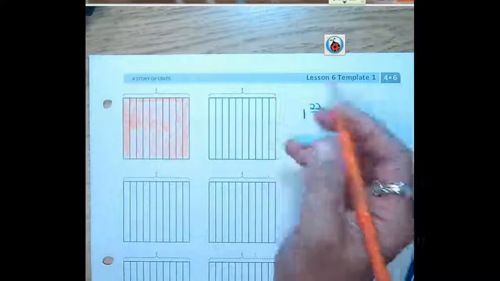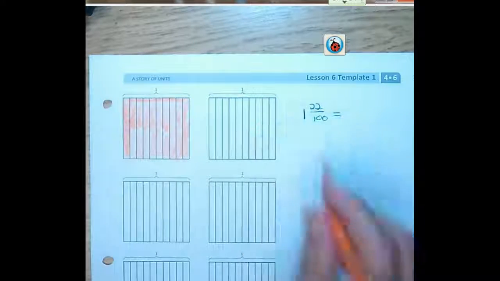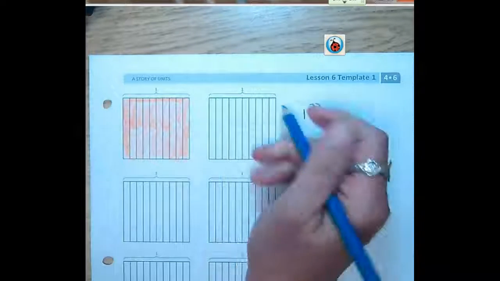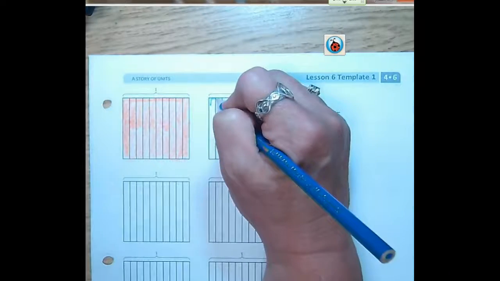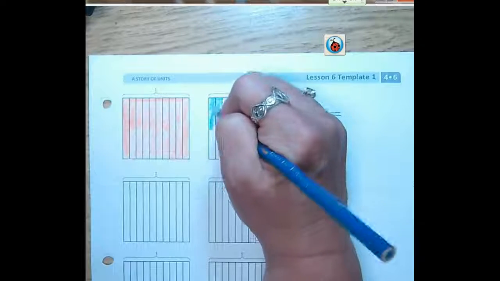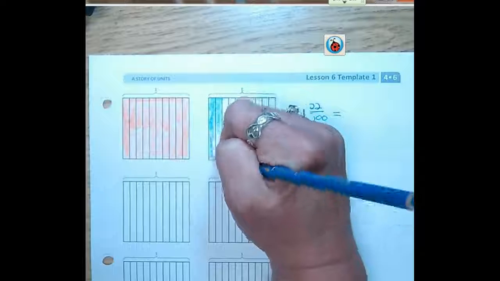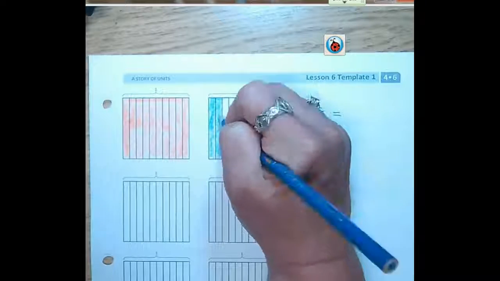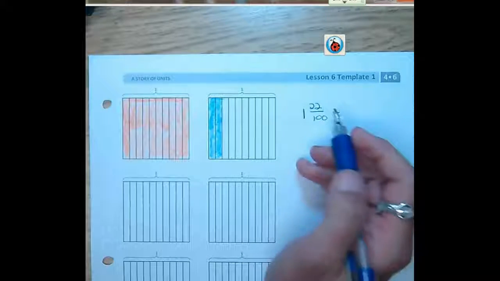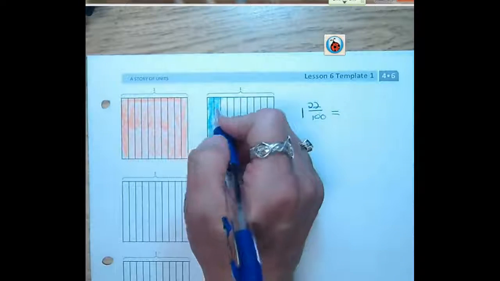Okay, now I need 22 hundredths. Well, these are divided into tens. I know I can color in two of those for 20 hundredths. But now I need to divide it with horizontal lines into tens to make hundredths.